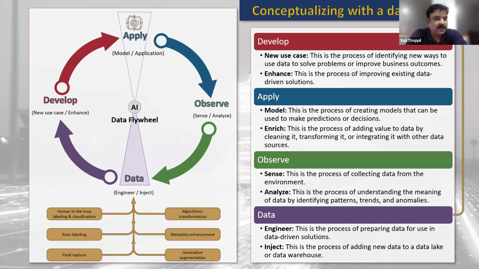From that entire flywheel perspective, the key layer, if you look at it from a data perspective, is how, once the data comes back, you might still want to inspect that data. You might want to algorithmically transform it. You might have to do some metadata enhancement around that. You might have very specific additional capturing from the field.